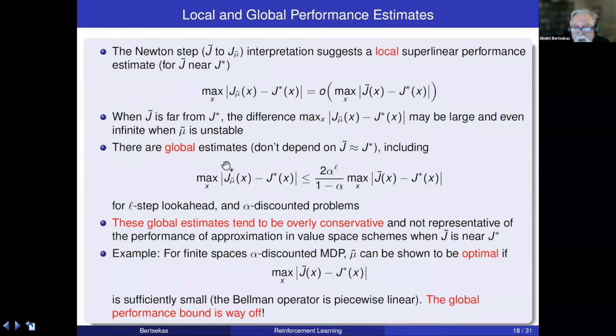Yeah, I can see why you're confused. In the general approximation in value space scheme that we have been discussing, there is one-step look-ahead minimization. Minimization is a key word here. One-step look-ahead minimization, and the remainder is rollout with a given policy.